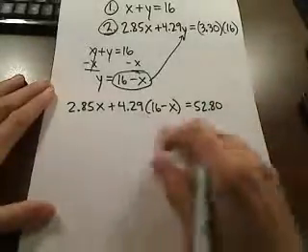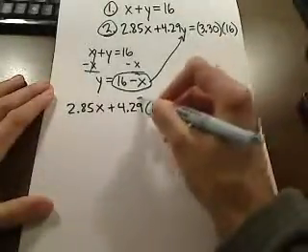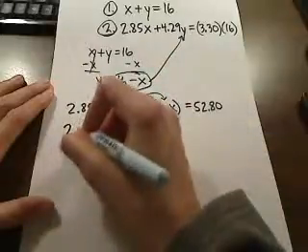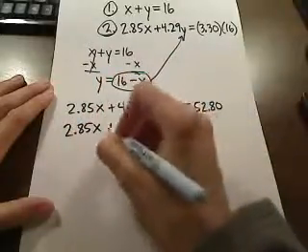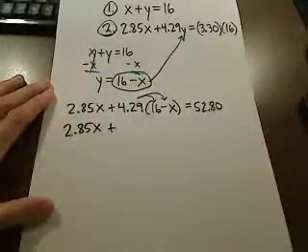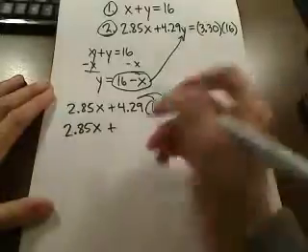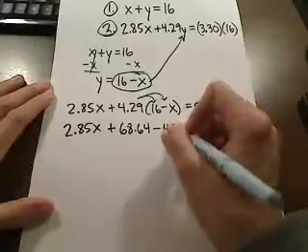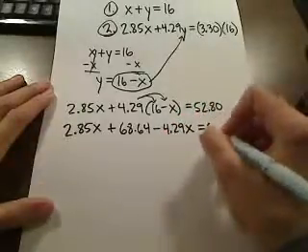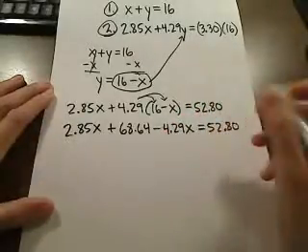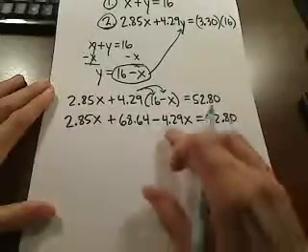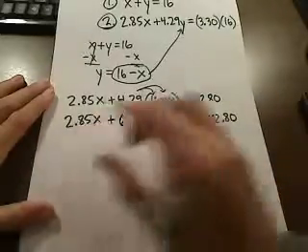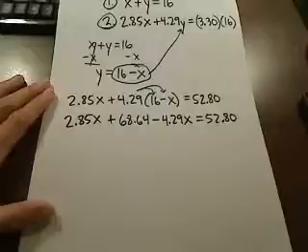All right, and we just want to solve for x now, so I'm going to go ahead and distribute the 4.29. So I've got 4.29 times 16, and we get 68.64 minus 4.29x. And we want to collect like terms here, the negative 4.29 and the 2.85.